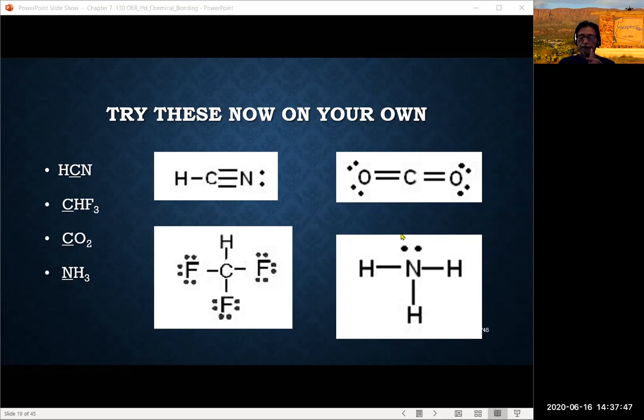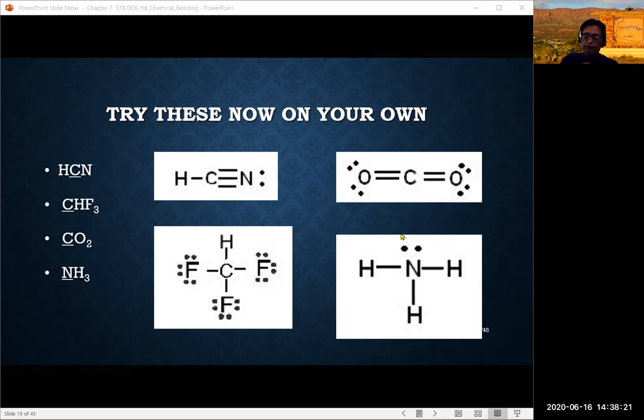What would be the general formula for this species, ammonia, NH3? Anybody want to take a guess here on this one? No guessing. It's right there in front of you. Obviously, it has A. How many atoms are bonded around nitrogen? 3.